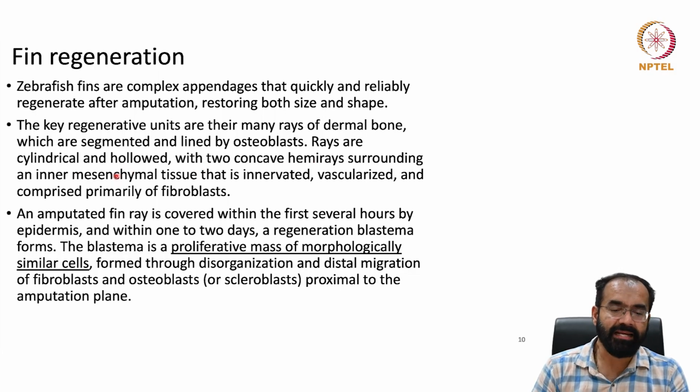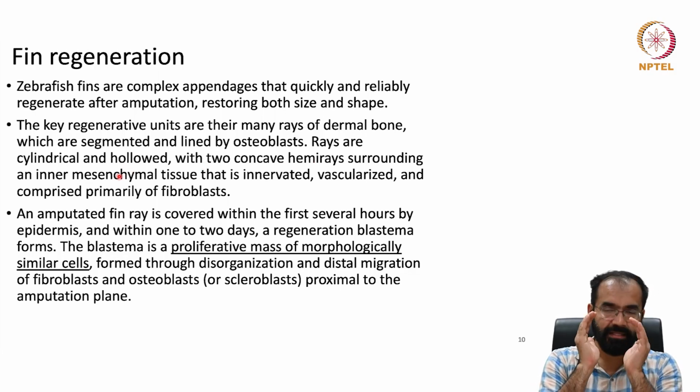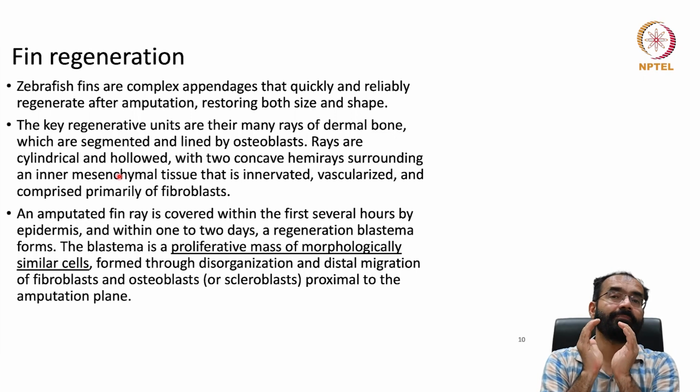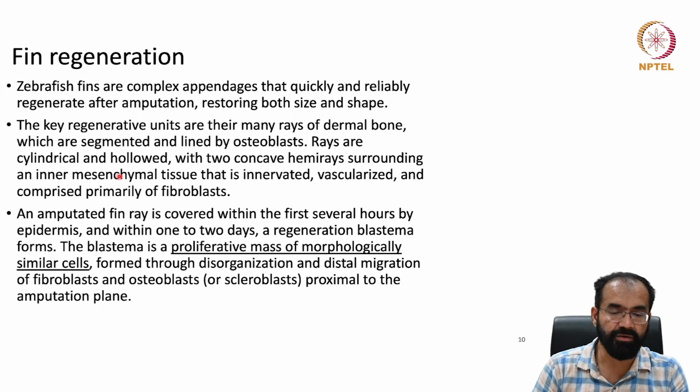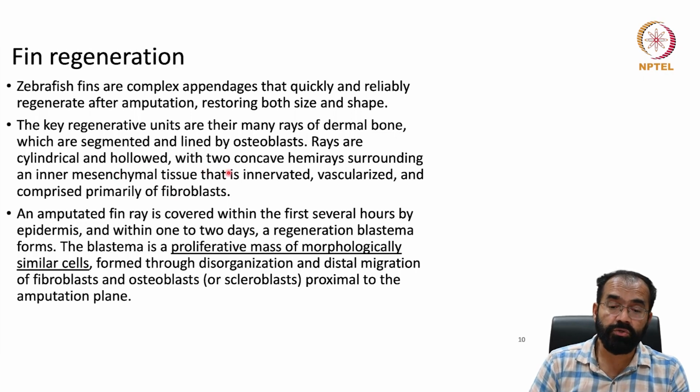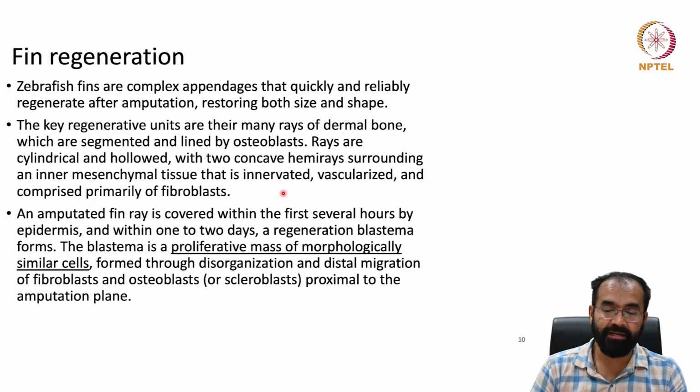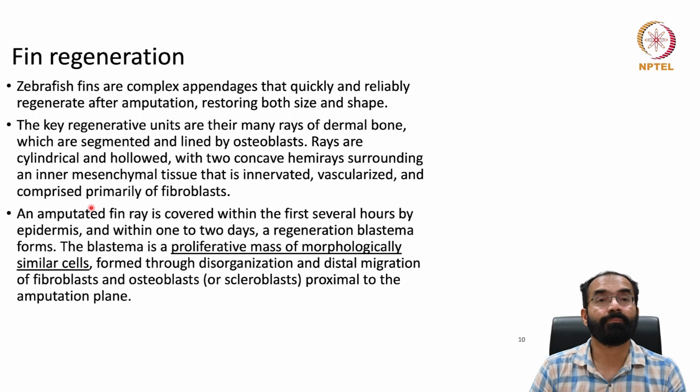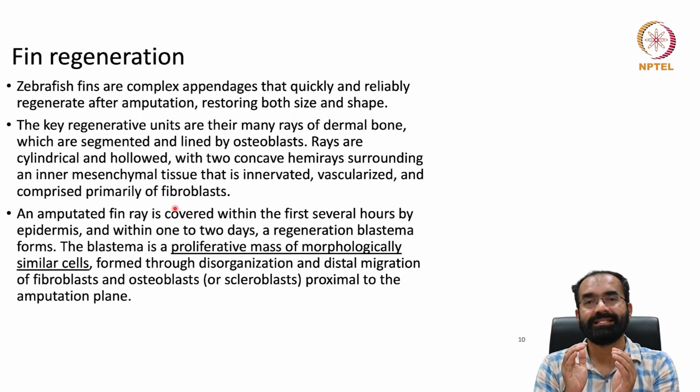Rays are cylindrical and hollowed. Like I told you, they are cylindrical, but they are not touching each other. It's like two brackets in the cross section. You can see it like that. The two concave hemirays surround an inner mesenchymal tissue that is innervated, vascularized, and comprised primarily of fibroblasts. Fibroblasts, we know, are sticky tissues.